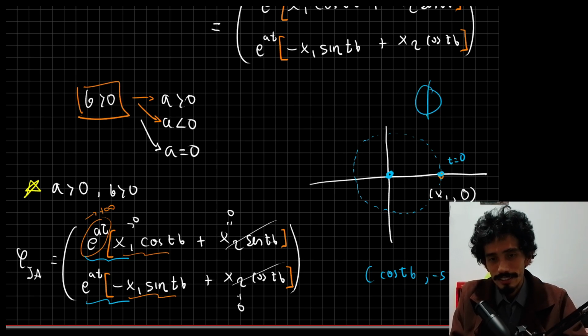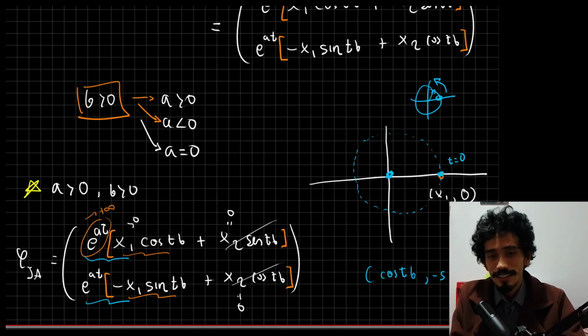Well, the cosine starts at 1, and then when the angle increases, the cosine decreases. So this thing will shrink toward the origin, whatever direction you go.